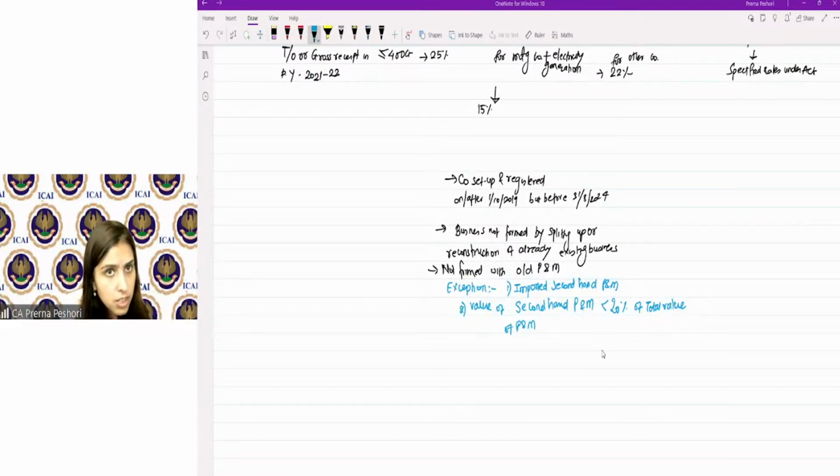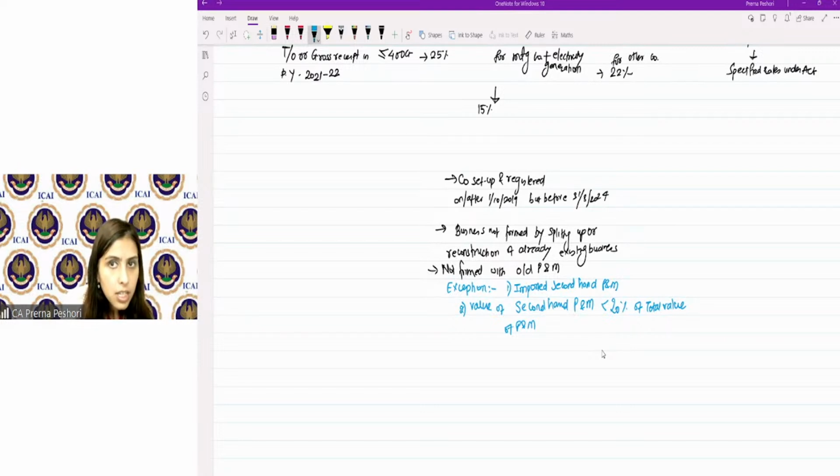Where there is any income which is not derived from or incidental to the manufacturing or production, then on that particular income, if there is no separate tax rate provided under the Act, 22% tax rate will be applicable.